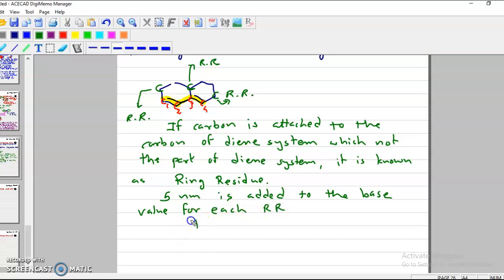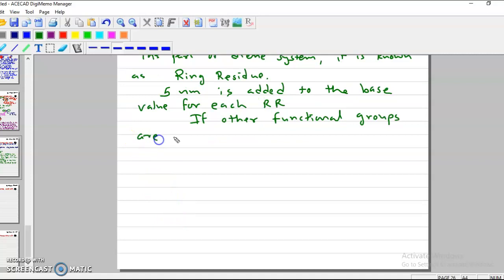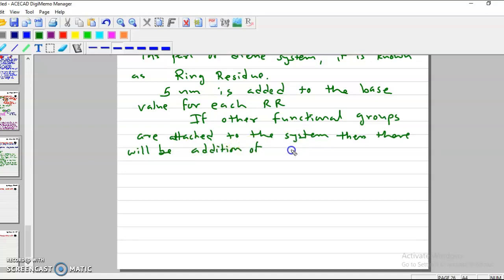If other functional groups are attached to the system, then there will be addition of certain values to the base value.